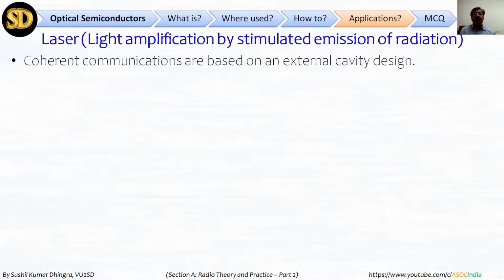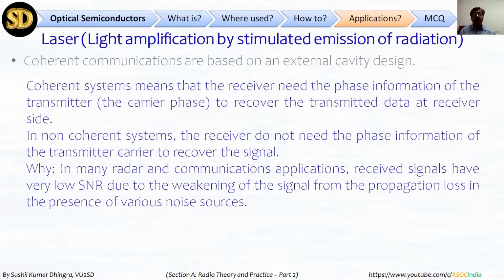This is coherent communication. They are based on external cavity design. What is coherent? A coherent system is one where the receiver needs the phase information of the transmitter, the carrier phase, to recover the transmitted data at the receiver's side. In a non-coherent system, the receiver does not need the phase information of the transmitter carrier to receive the signal.